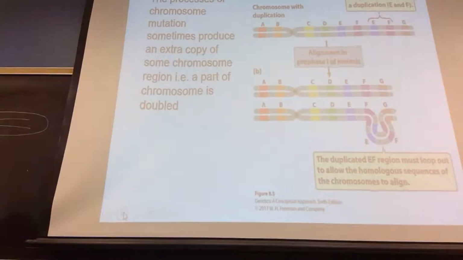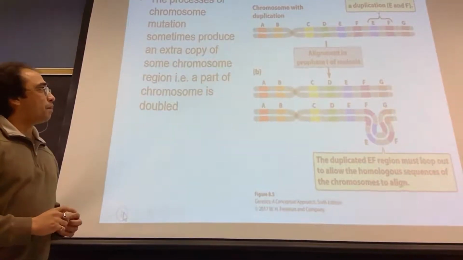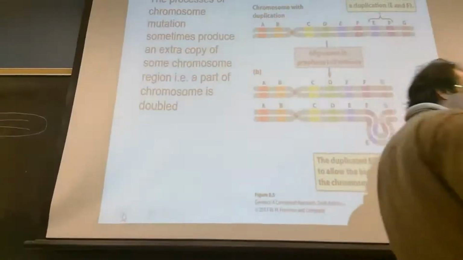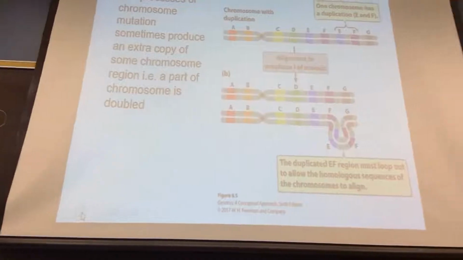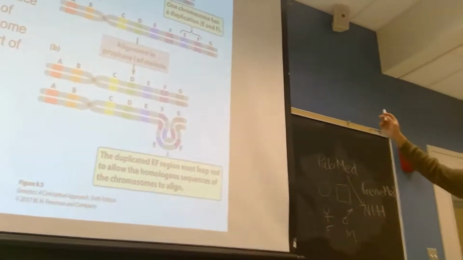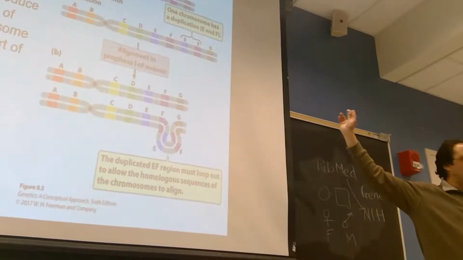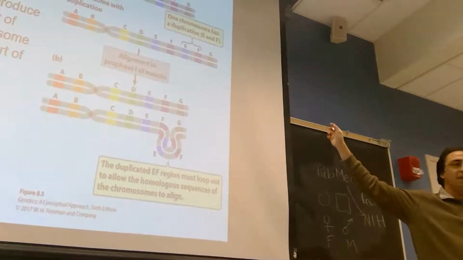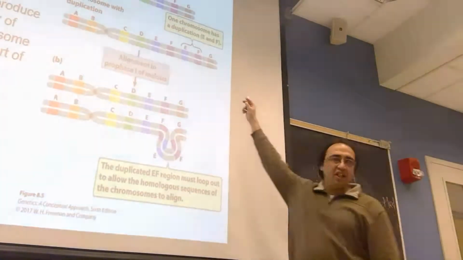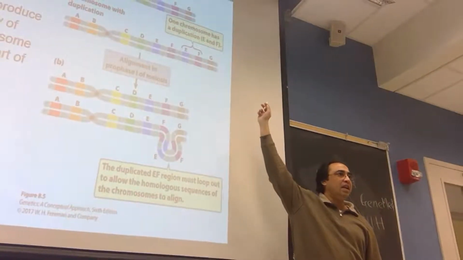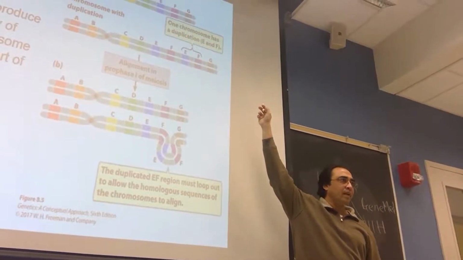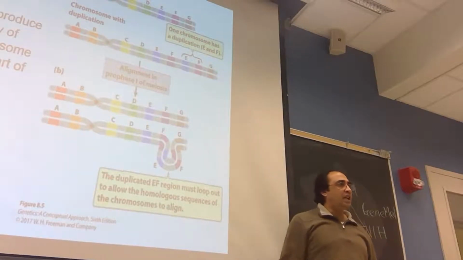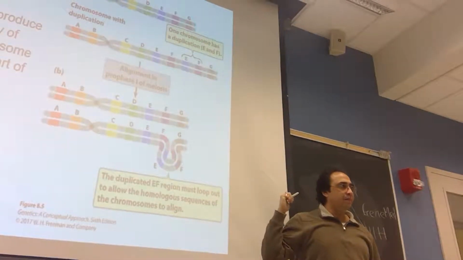So what is duplication? Duplication means there are two copies of a gene in the same chromosome. That is called duplication. Here we have the EF gene, but here EF in two doses. So we can say that there is a duplication of EF gene here.